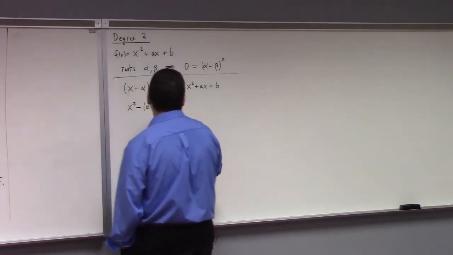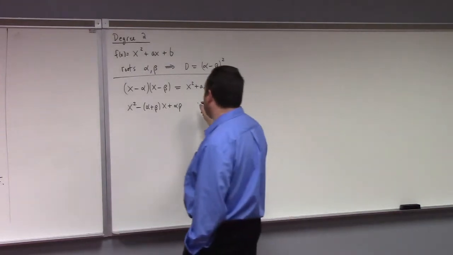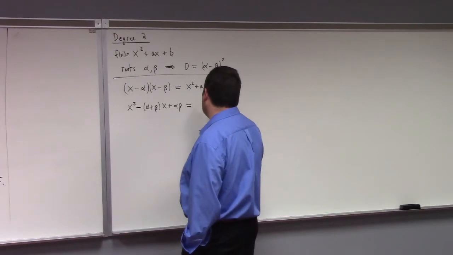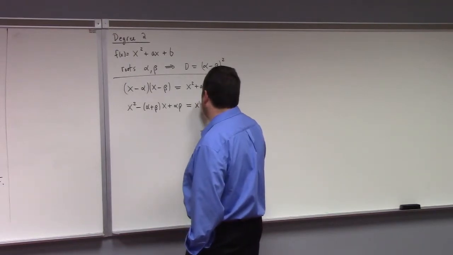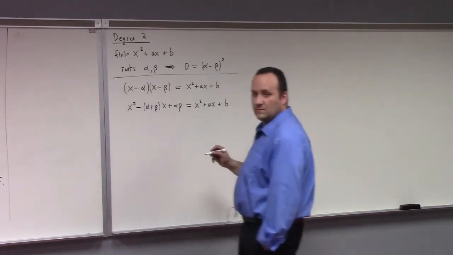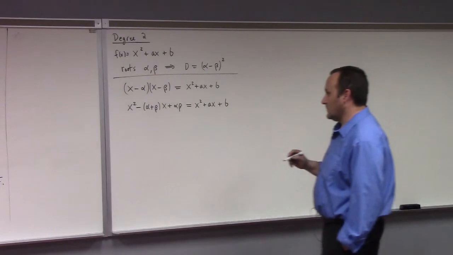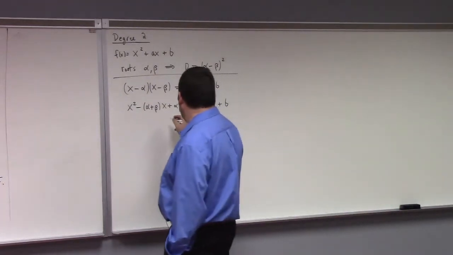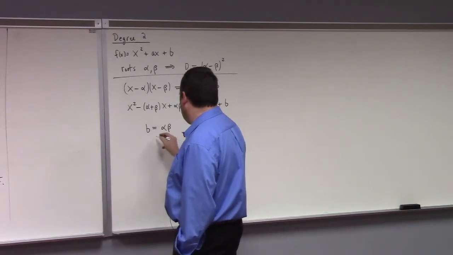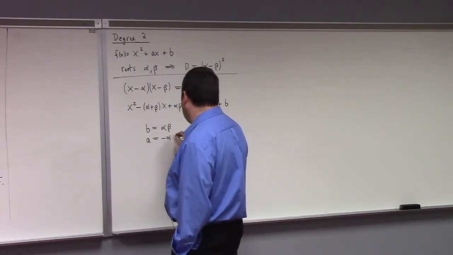We're trying to figure out what alpha and beta are in terms of a and b, to trade the roots for the coefficients, because most of the time we're given a polynomial presented in terms of coefficients, not roots. So I see that b is equal to alpha beta, and a is equal to minus alpha minus beta.